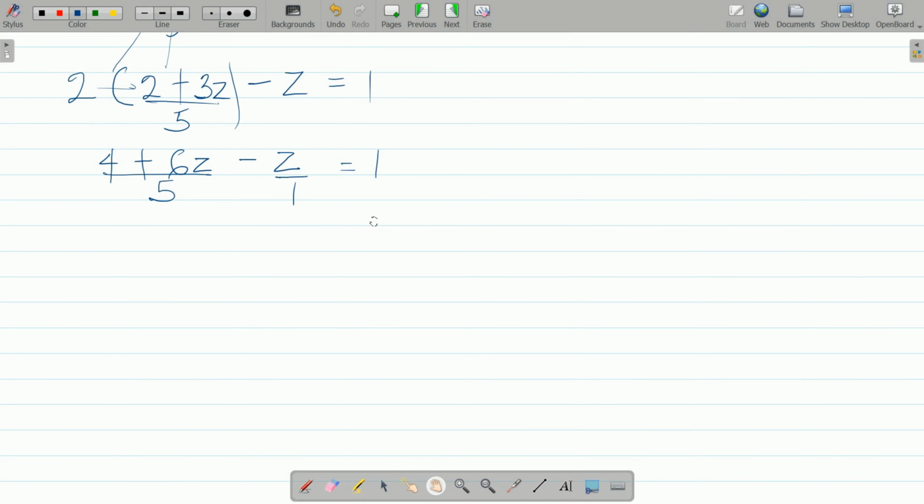Now we can find the lowest common multiple of 5 and 1. Five into 5 is 1, 1 times 4 plus 6z is still the same. One into 5 is 5, 5 times z is 5z.